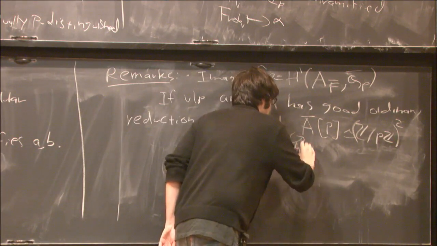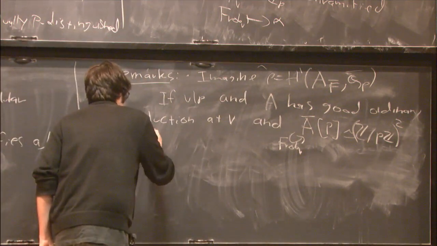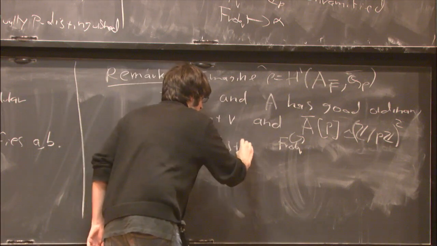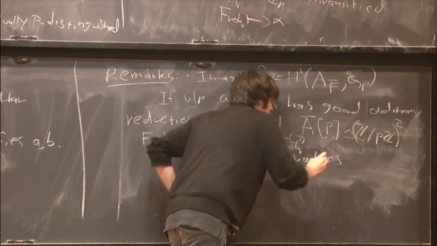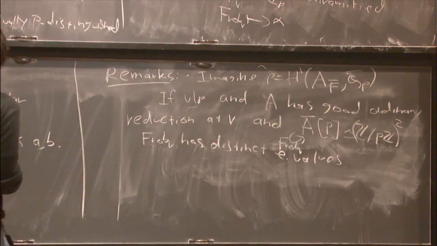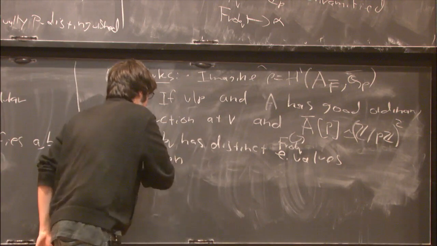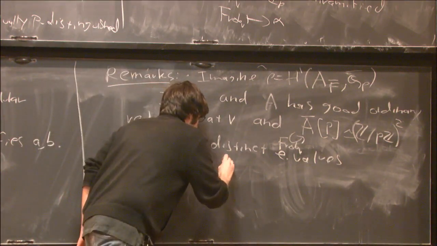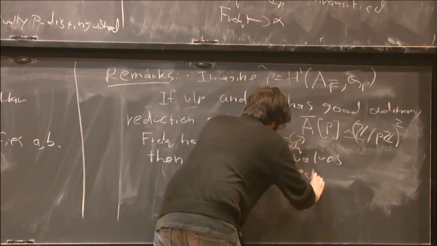Frobenius acts on it, and we ask that Frobenius has distinct eigenvalues. Then condition B is satisfied.